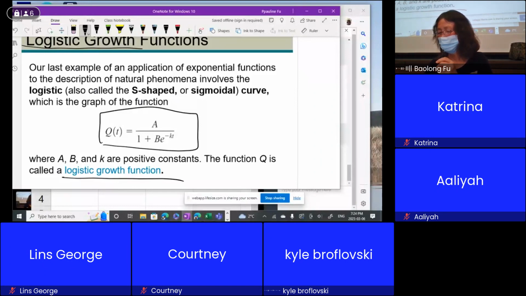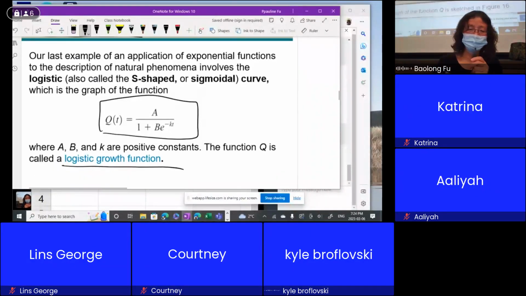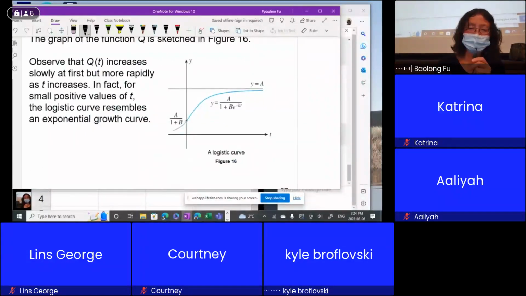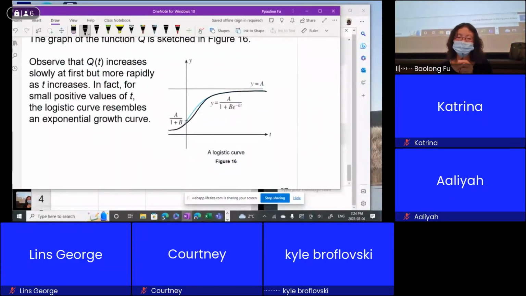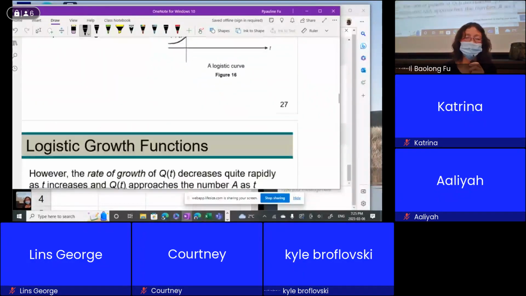So what does this logistic function look like? It looks like this, also similar to the learning curve. This is the logistic function.